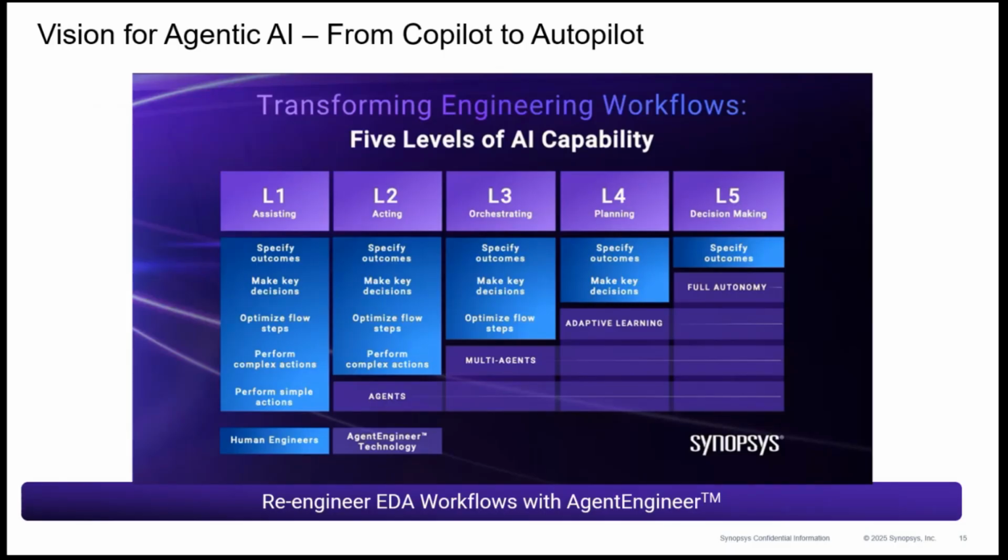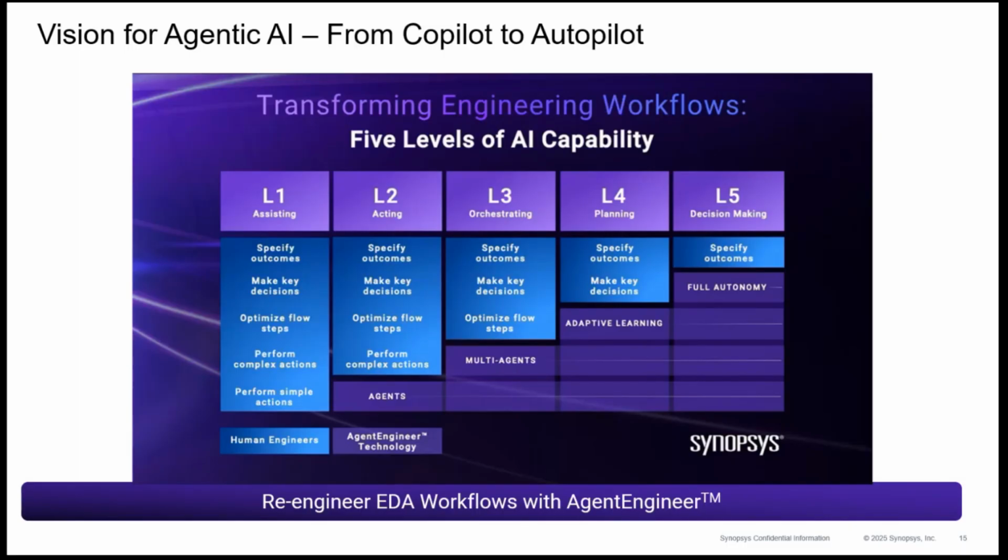As you can see, it's called agent engineering, where we believe that from L1 to L5, L5 being the predicted end state, the human engineers are going to offload a lot of key decisions to the AI agents. And we believe that this is going to bring a lot of advantage to multiple complex problems in the market currently.